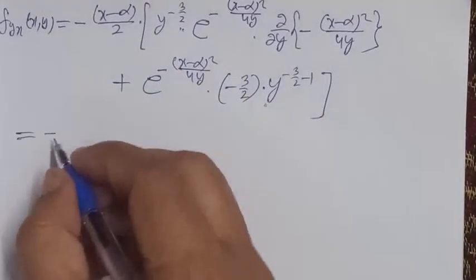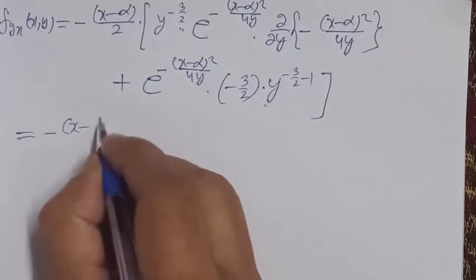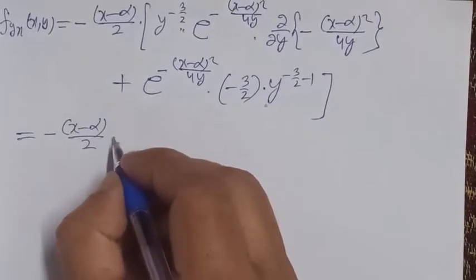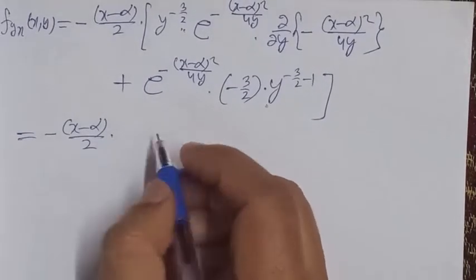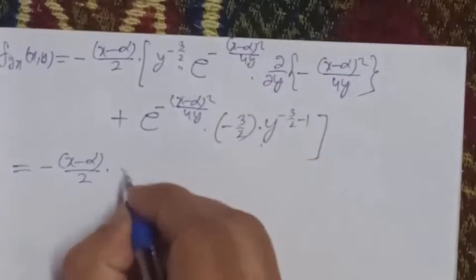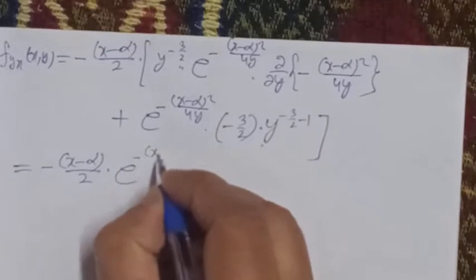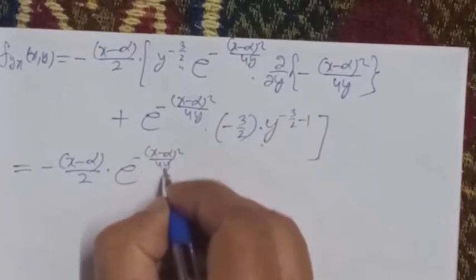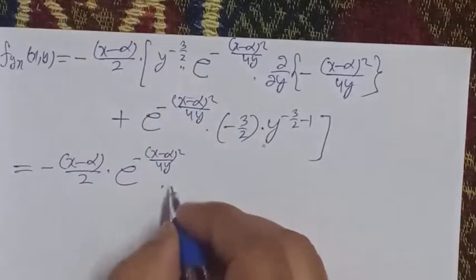So I write minus x minus alpha upon 2, and for simplification we must take out e to the power minus x minus alpha whole square upon 4y as common from this bracket.